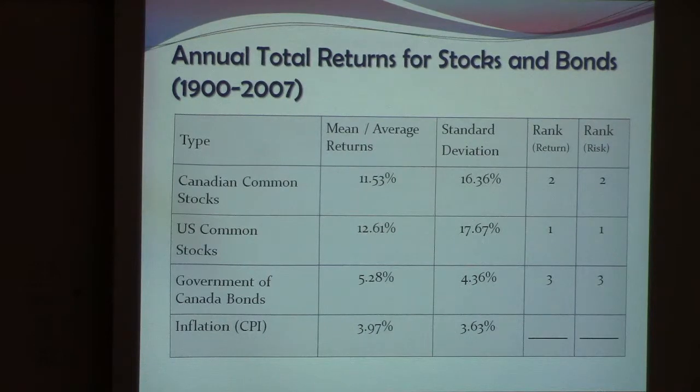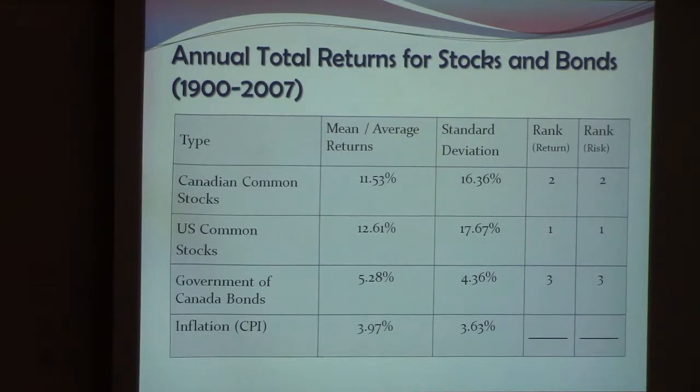The Government of Canada bonds are risk-free, or as close to risk-free as possible. So you look at their average. Their average over the last 107 years has been 5.28%. And look at the standard deviation, which is their risk factor. It is 4.36%. So look at now the highest risk factor, which is 17.67 for the US common stocks.